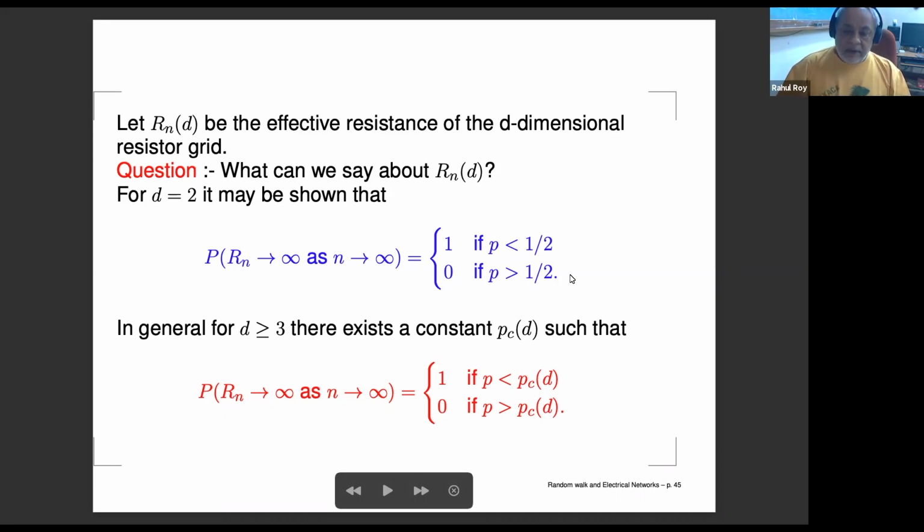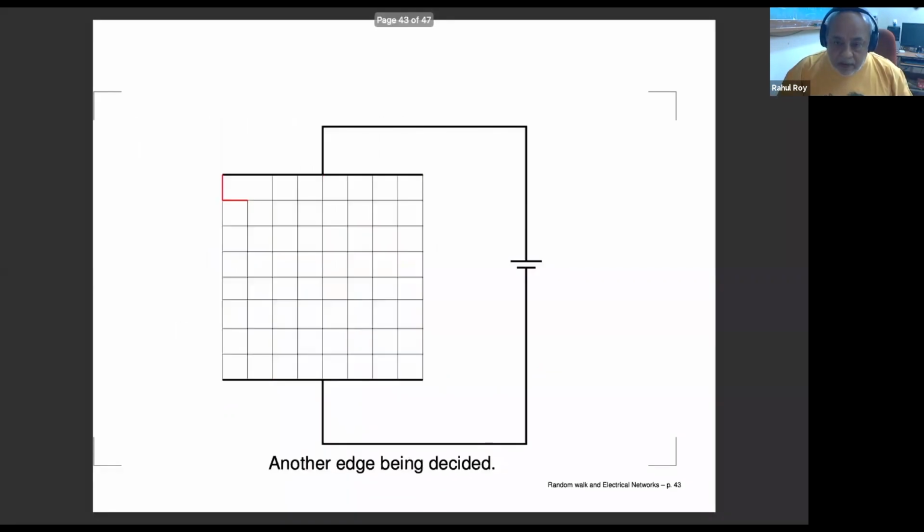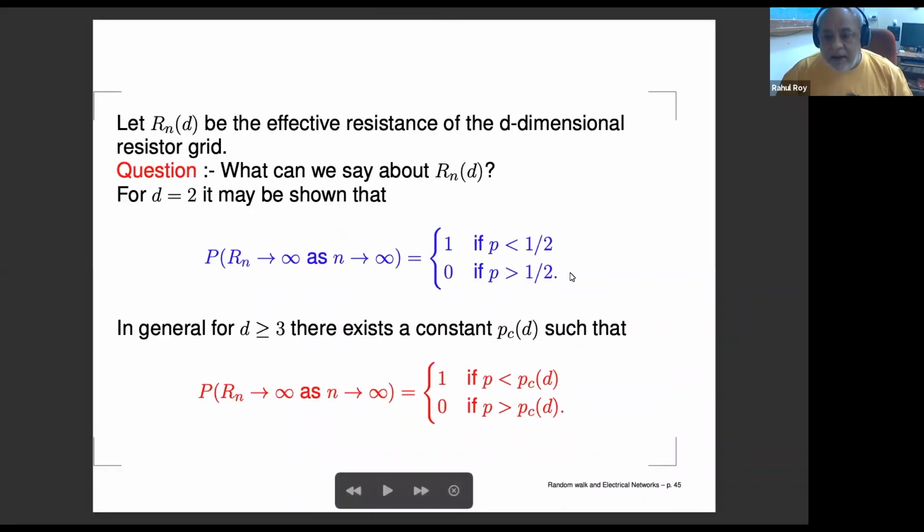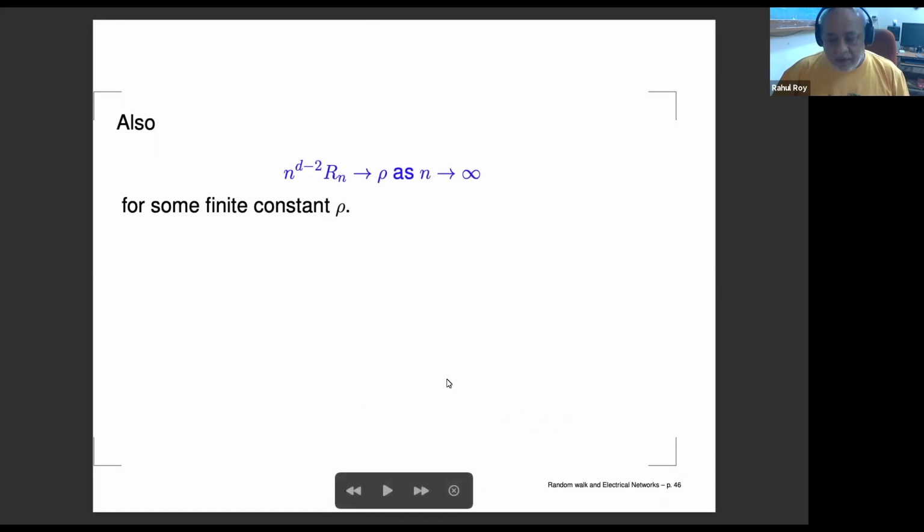In other words, if p is bigger than half, the probability that the equivalent resistance goes to infinity is 0. Otherwise, it's 1. And in d bigger than or equal to 3, we get that there exists some constant p_c of d, which we do not know about, such that a similar result holds. And one more thing, we also know that the effective resistance grows like n to the power d minus 2.